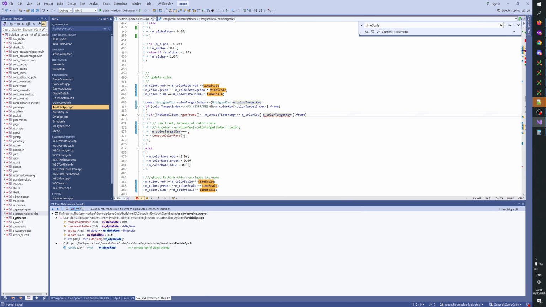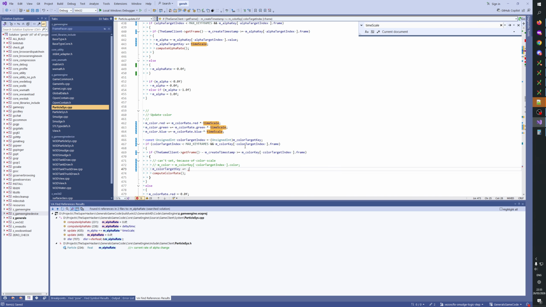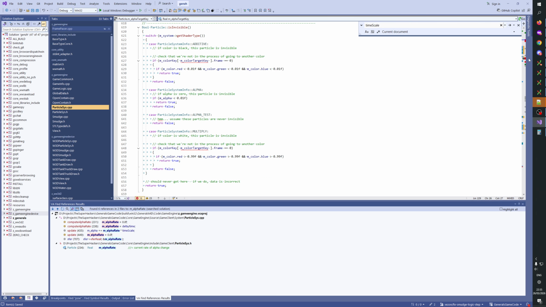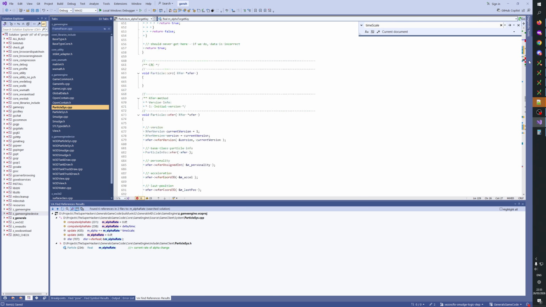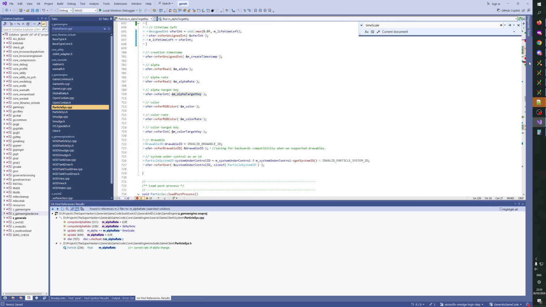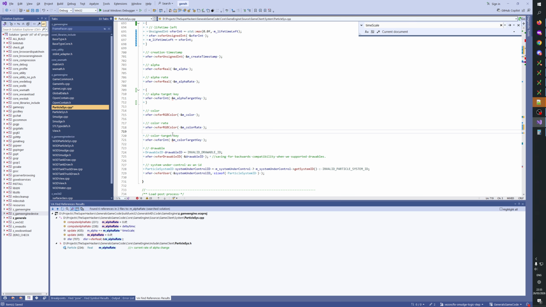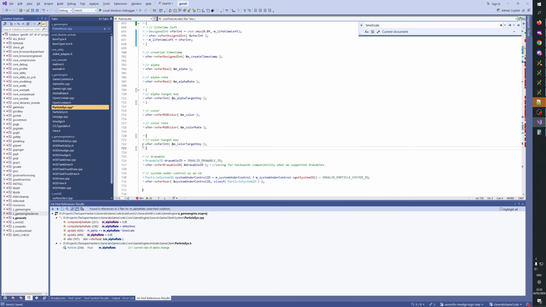So we have this and that, okay. And then timescale. Okay, does that make sense? Oh, we have more here. Compute alpha rates. Oh boy.